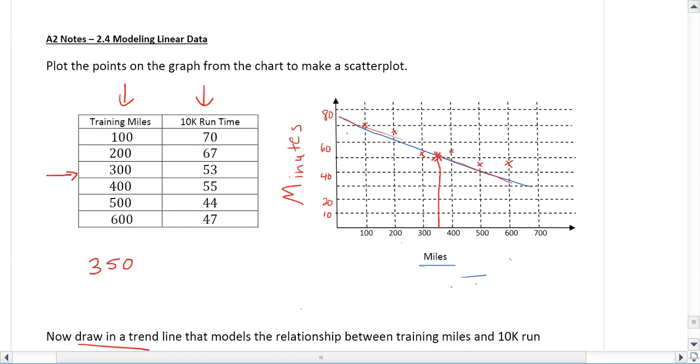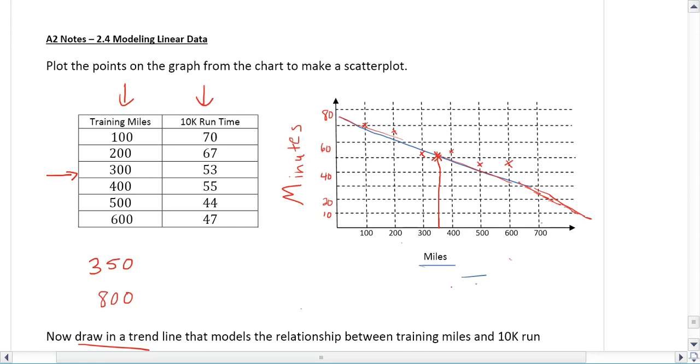Extrapolation, and think about whether this makes sense. What if the coach said, if I continued this trend and trained an athlete and had them run 800 miles, would you expect this run time to just keep coming down and down and down? Once you get outside your data points, you can't say for sure.